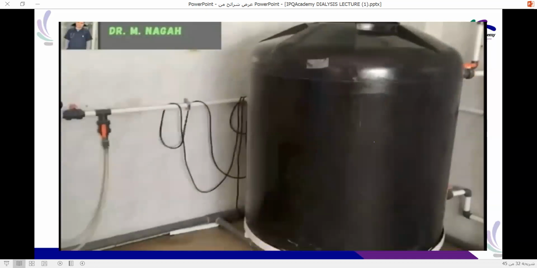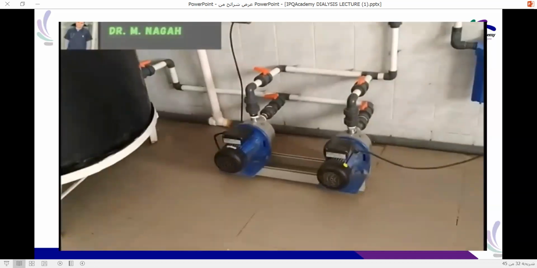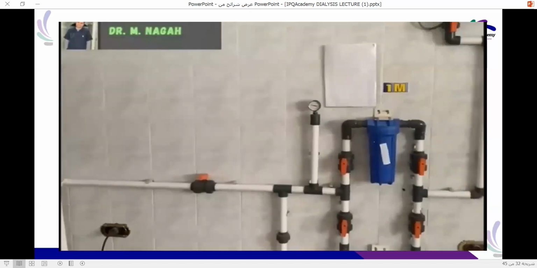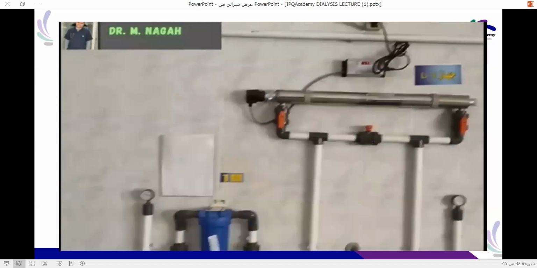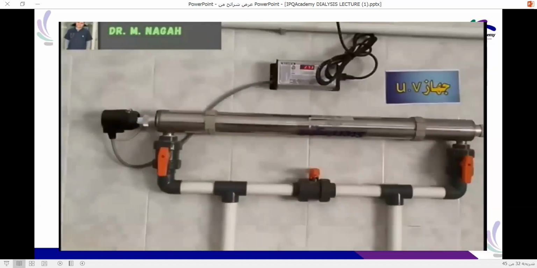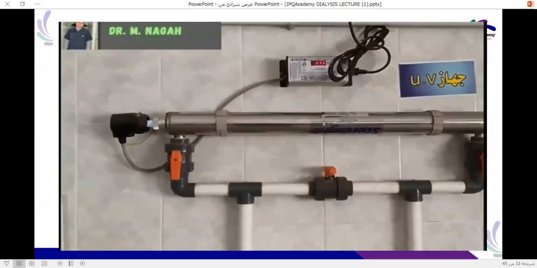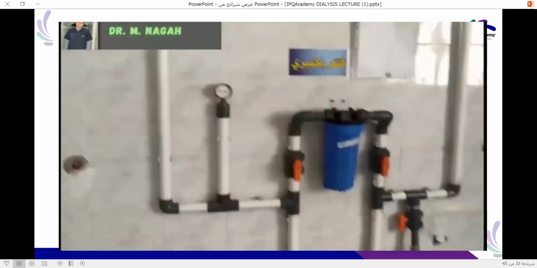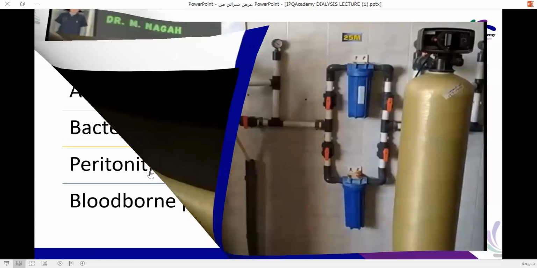Then the tank containing the treated or product water. This is the pump that pumps the water through these ultrafilters. Then ultraviolet lights, then the endotoxin and bacteria filters.